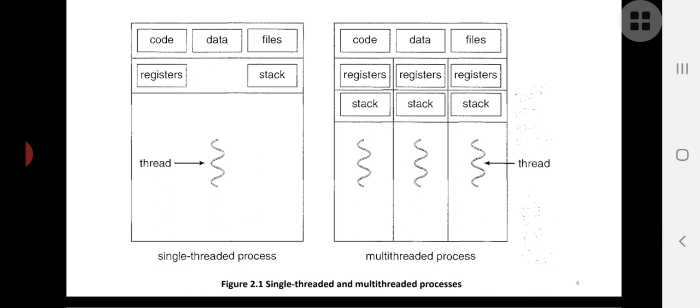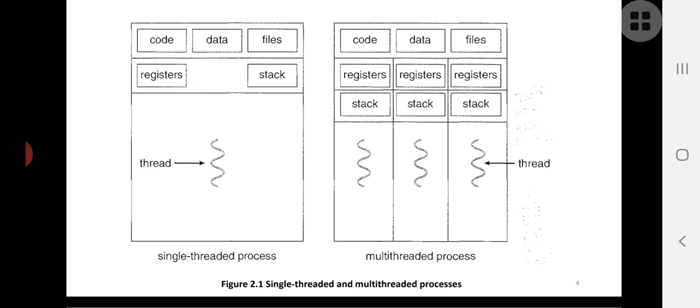In a single threaded process you can clearly observe the process has only one thread, and that thread has a code section, data section and some open files, and it also contains a set of registers and one stack. And it also contains a thread ID, which is not shown here.